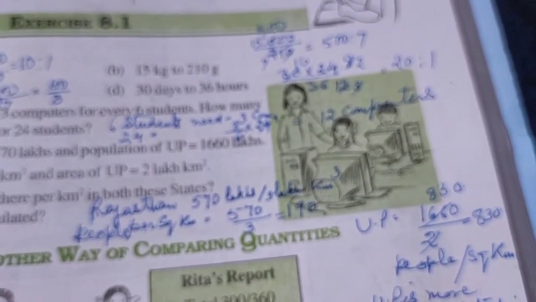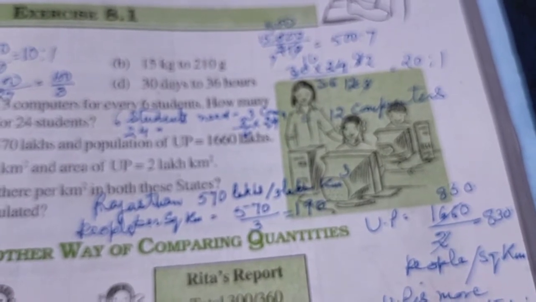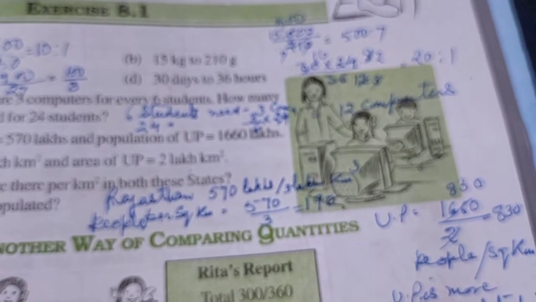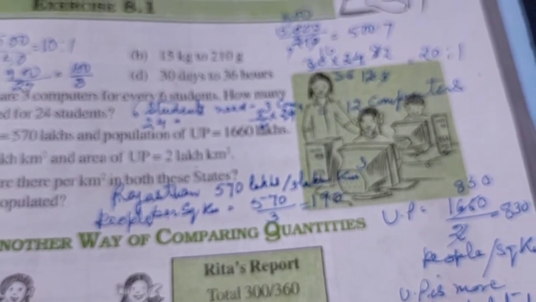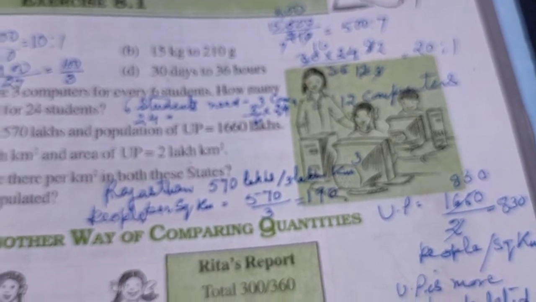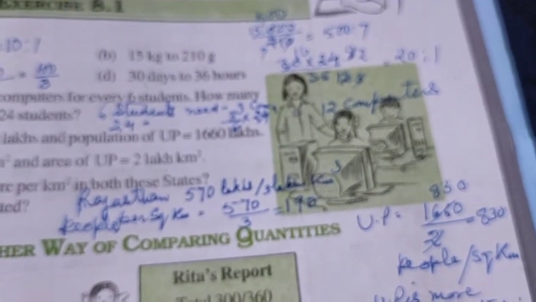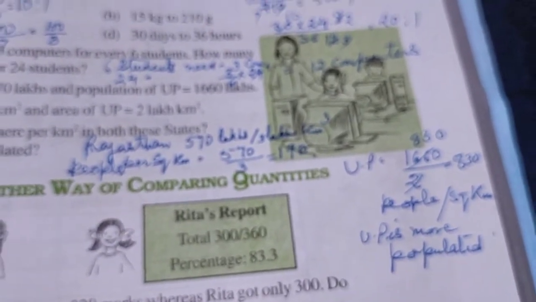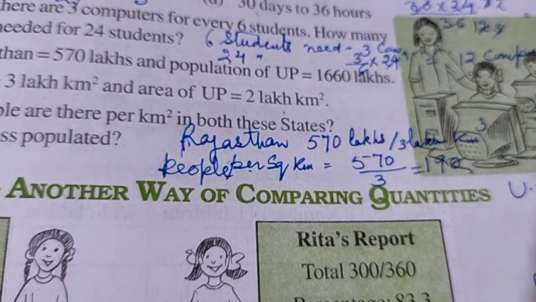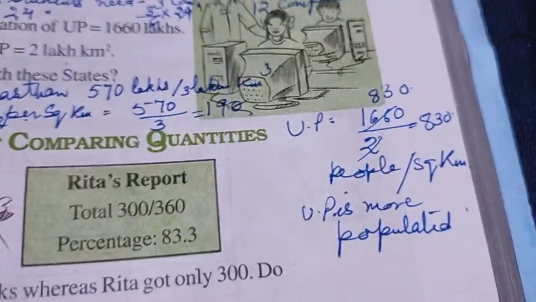That is 190 persons per lakh kilometer square. Similarly, in UP, there are 1660 people per 2 lakh kilometer square.